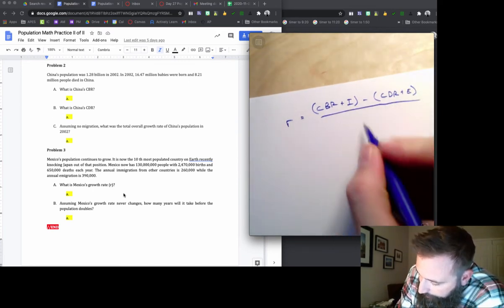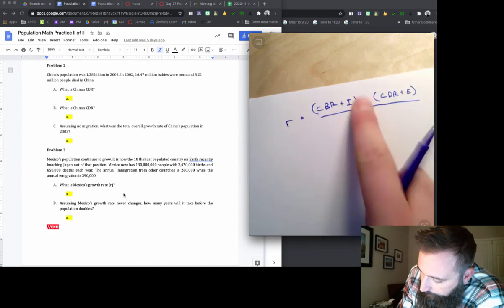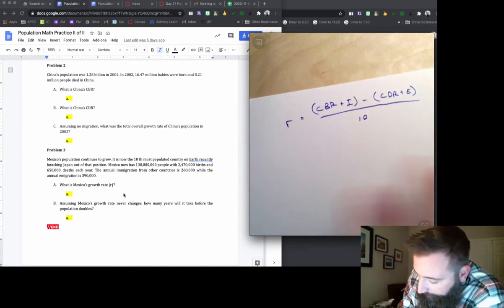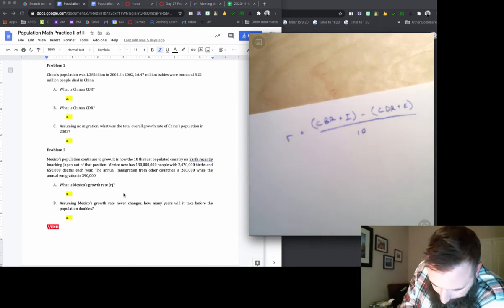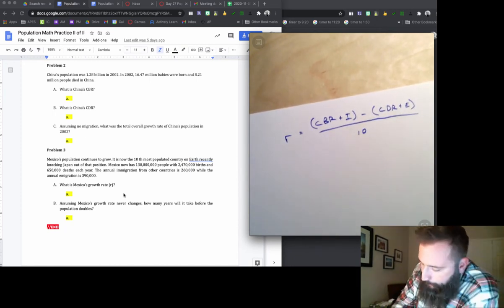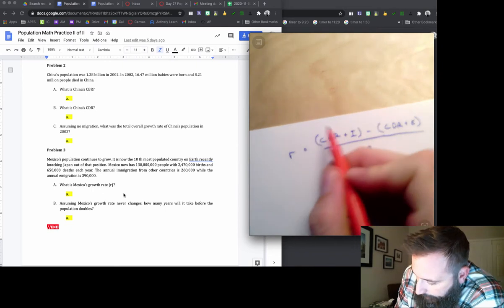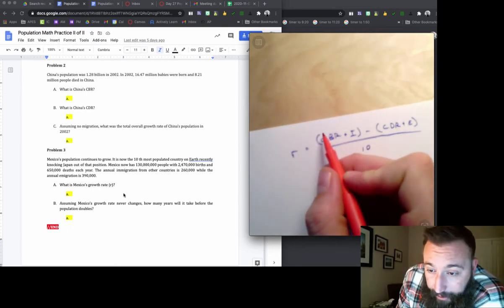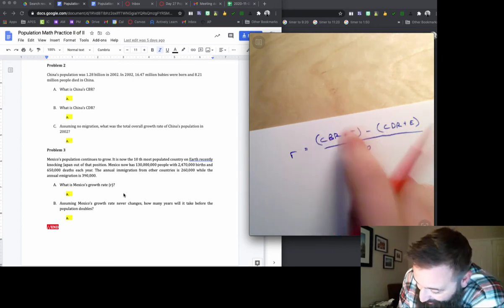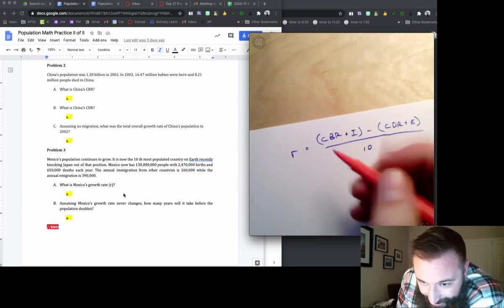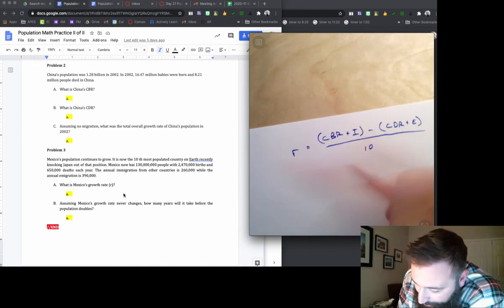And all those numbers are out of 1,000. So if we divide them by 10, then we'll have a number that is out of 100, right? And if it's out of 100, then we've got ourselves a percent. All right, so we've got to calculate all of these. Now take a look. We're going to do this 4 times, right? We've got to figure out CBR, I, CDR, and E. All right, so it's just a matter of going through each one of these, right?